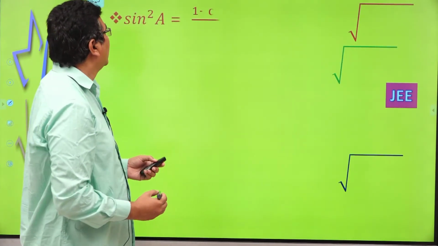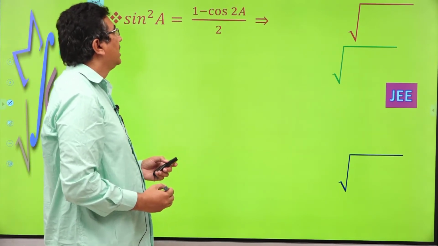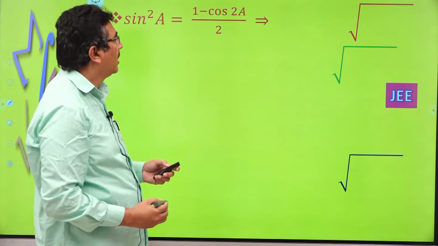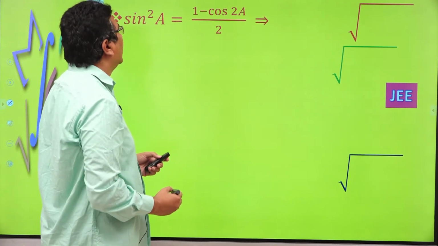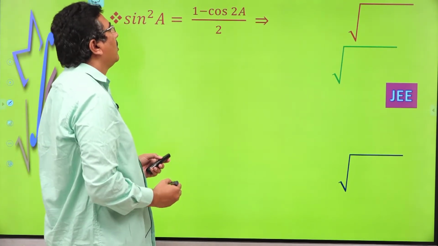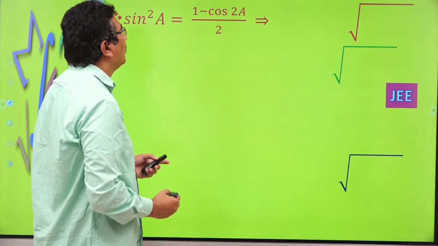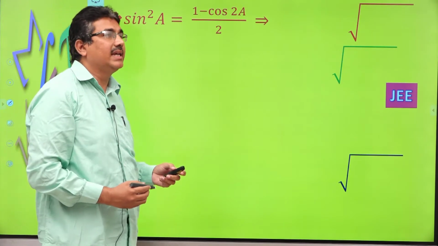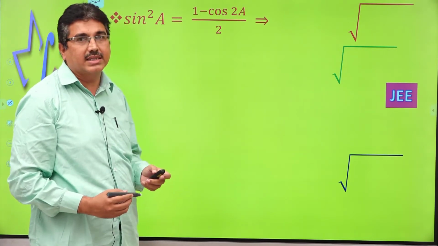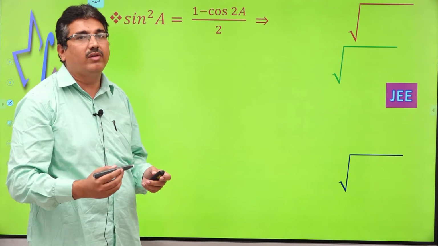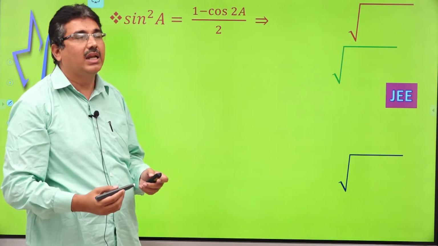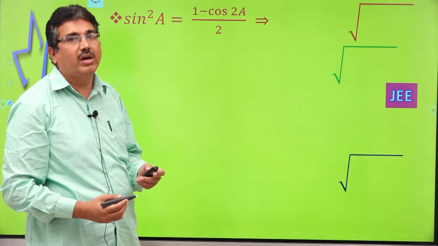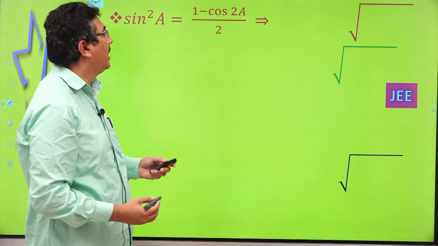Now, see the results from the formulas of cos 2A, right? Sin square A is equal to (1 minus cos 2A) by 2. Already, sin square A is equal to 1 minus cos square A is one formula previously. Now, sin square A is equal to (1 minus cos 2A) by 2.